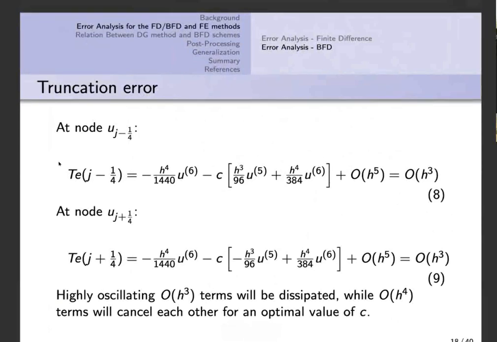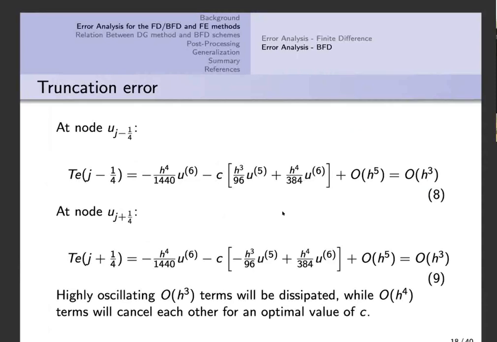We have 2 truncation errors, different at each node, but basically there is a symmetry between them. The first term here is exactly the same in both nodes. And the second term, the one that is multiplied by C, is basically kind of symmetric. So a naive analysis would say that if we can choose the C to cancel the fourth order here and there, we'll get a better order.